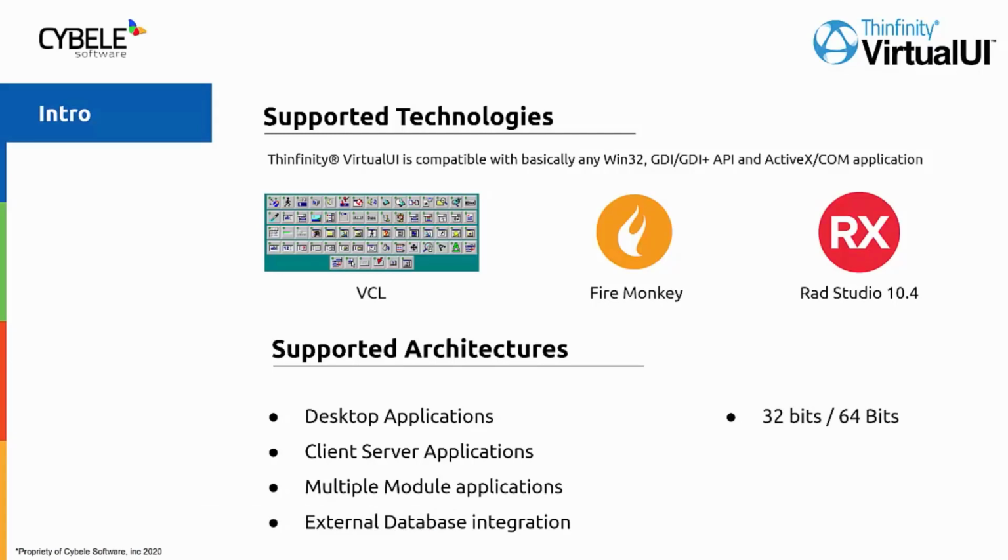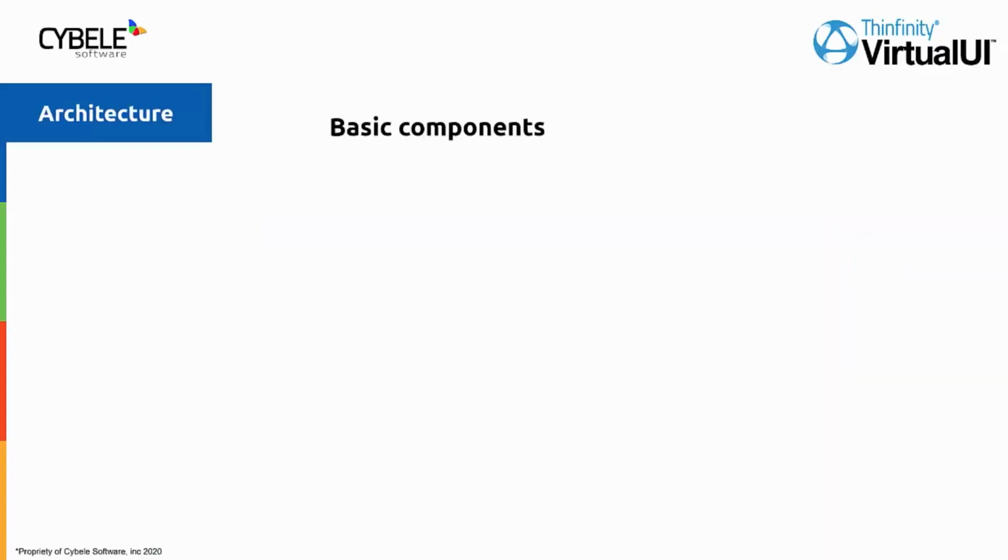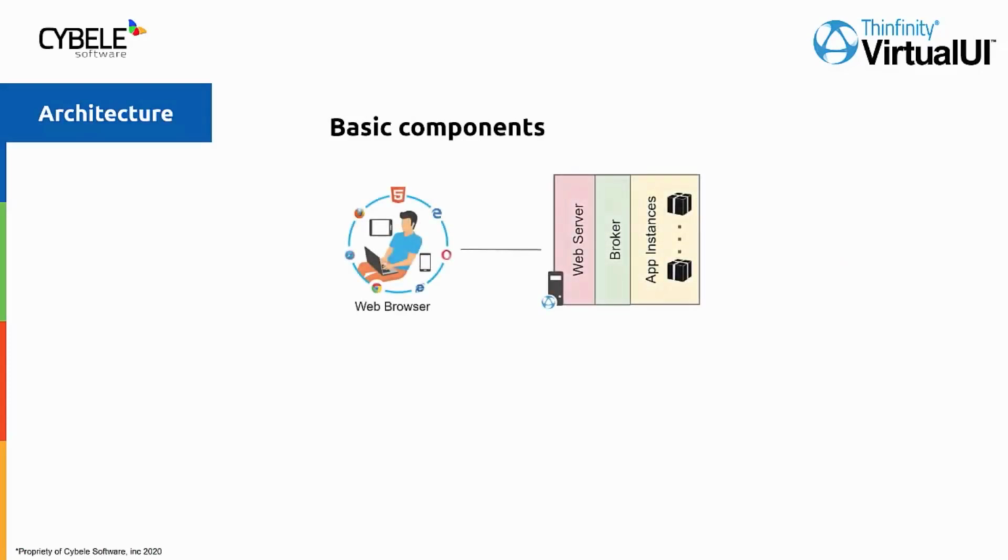Even more, if you have a 32-bit application running under VirtualUI, you can deploy it on any modern Windows server, even Windows Server 2019. And now let's take a quick look at how a Thinfinity VirtualUI server does its magic from the end user perspective.